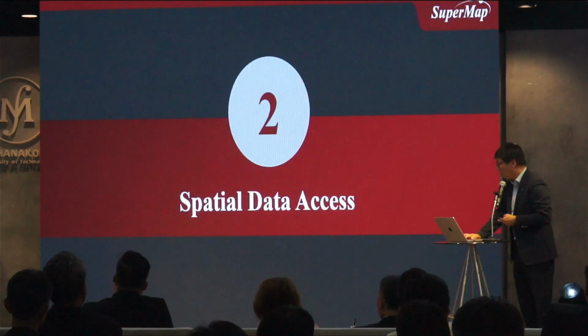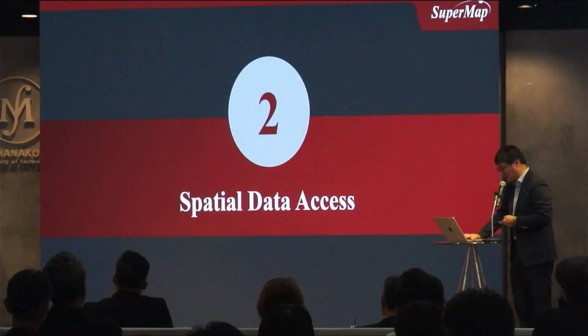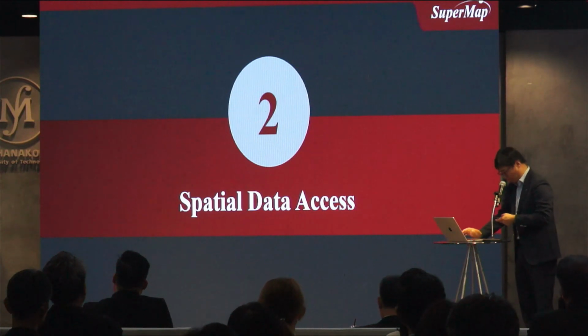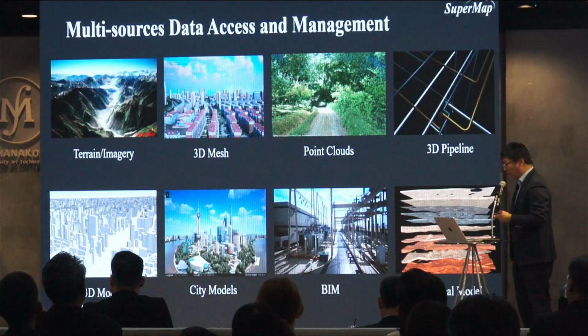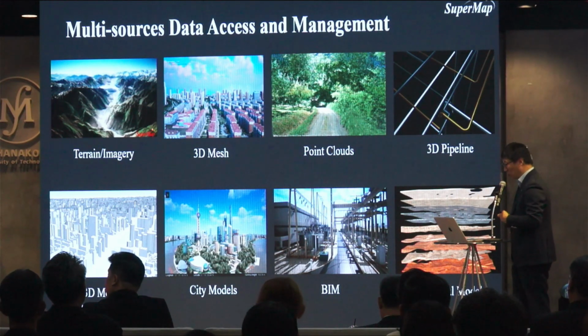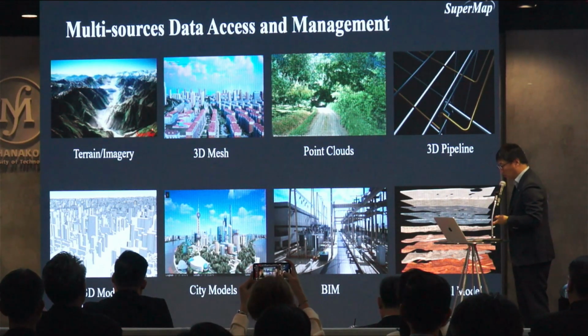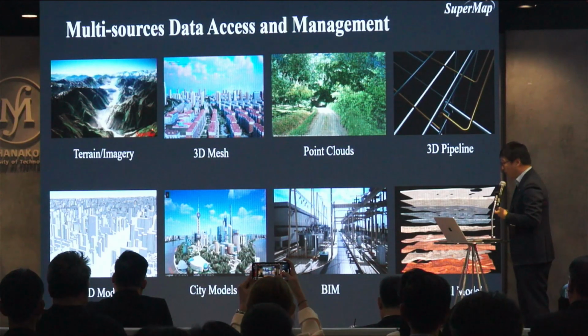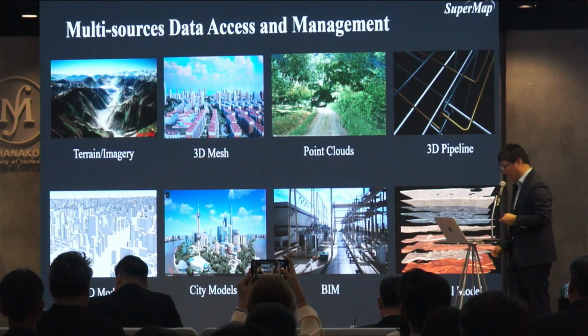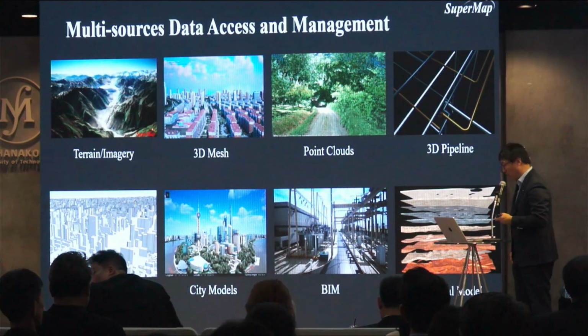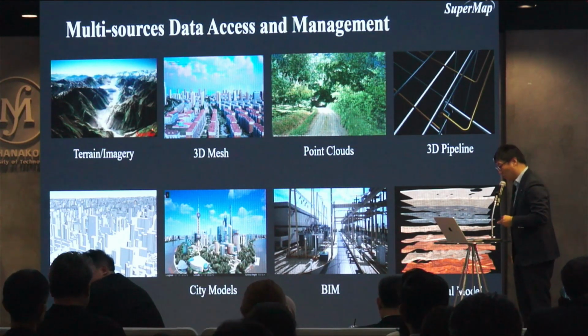The second part is spatial data access and visualization. 3D can now help users gain greater insights and understanding with multi-source geospatial data access and high-realistic visualization. Over the past 10 years, we have gained access to various types of 3D data.